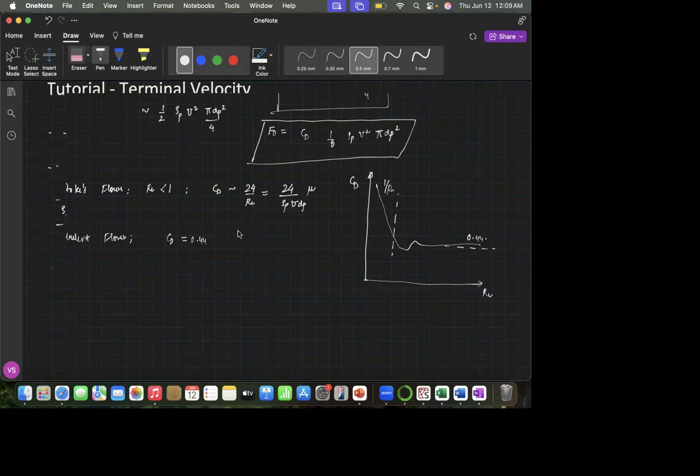Using that, we get the drag force as 3 pi mu d_p v.